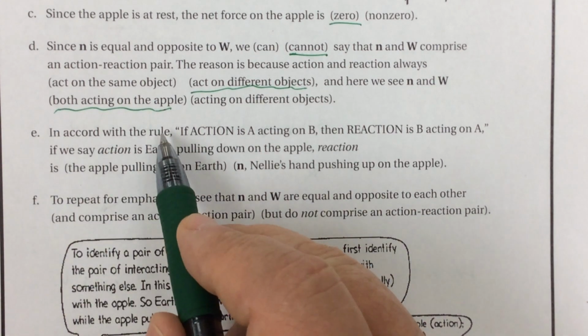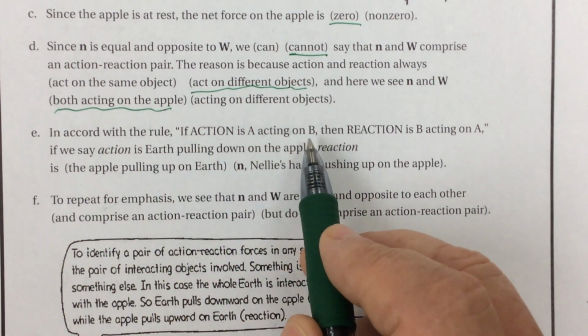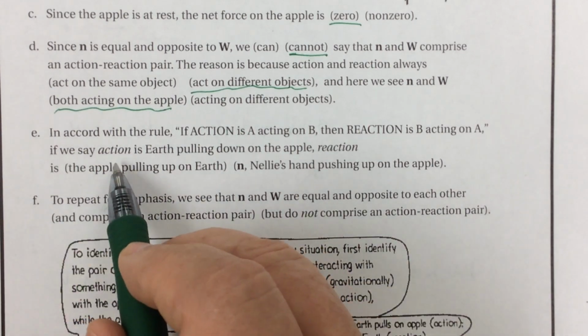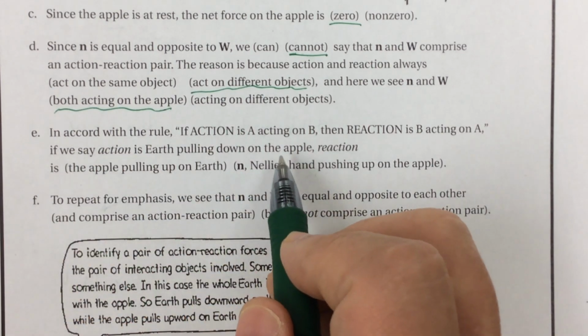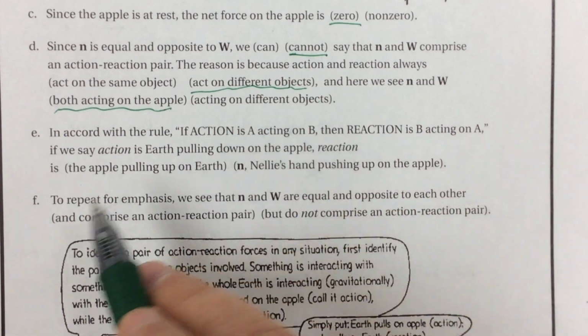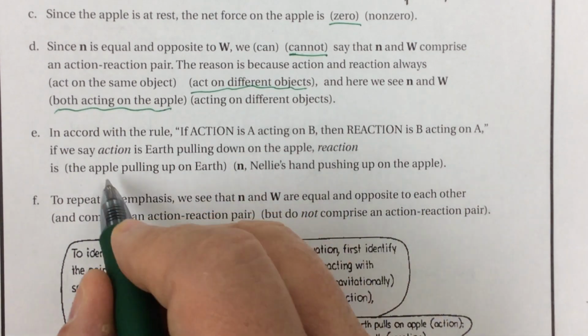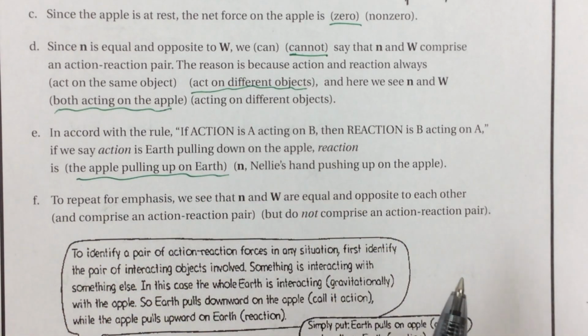So in accord with the rule, if action is A acting on B, then reaction is B acting on A. If we say the action is the earth pulling down on the apple, the reaction is the apple pulling up on the earth. That is amazing. The fact that I'm pushing down on the earth with my weight and the earth is pushing up with my weight, somehow that's easy.